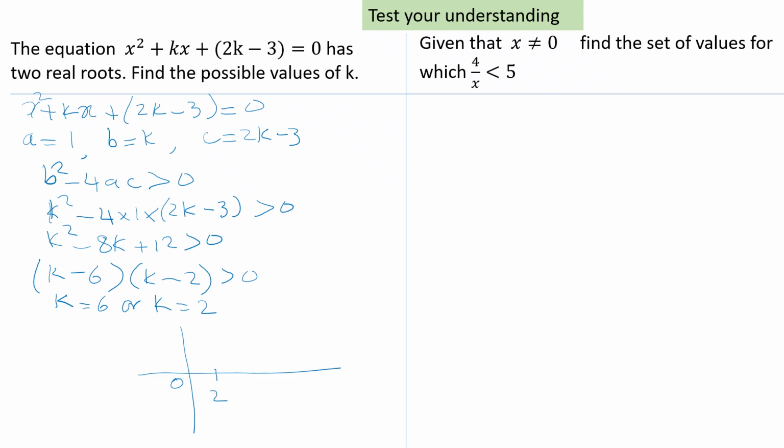So 0, 2, 6. This is greater than 0. So k squared minus 8k plus 12 greater than 0, so above the x-axis.